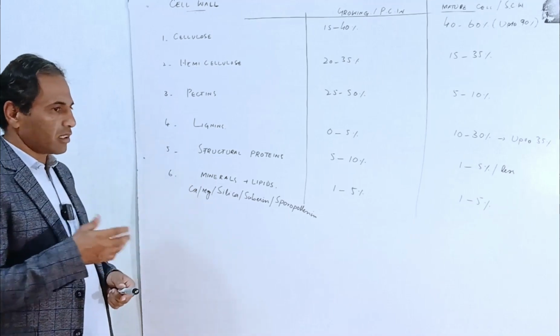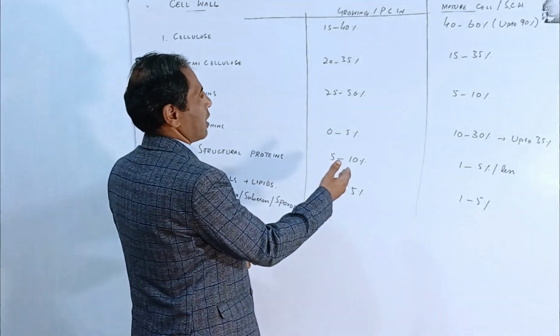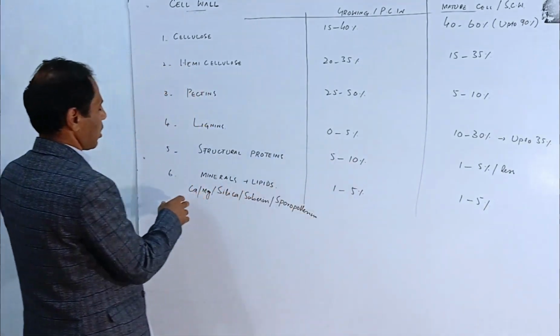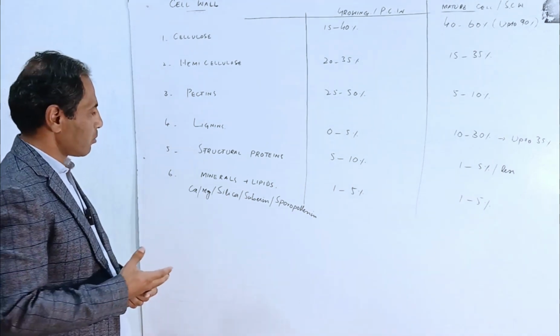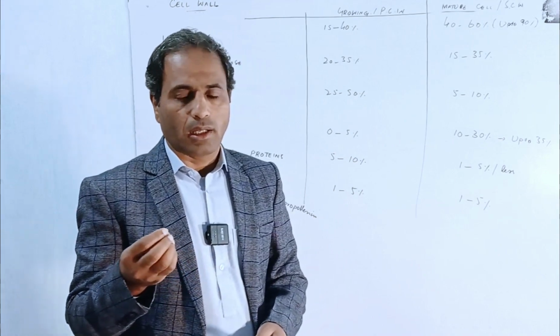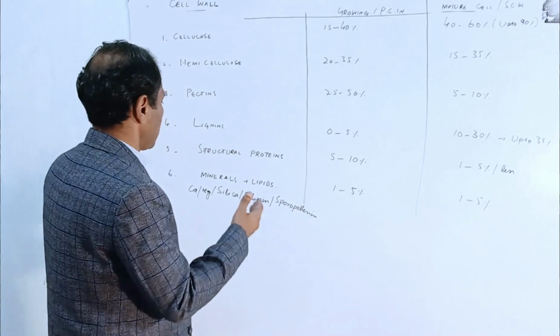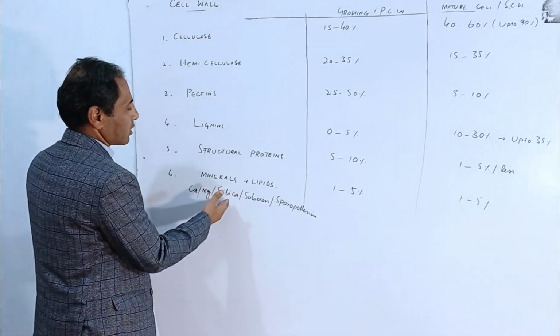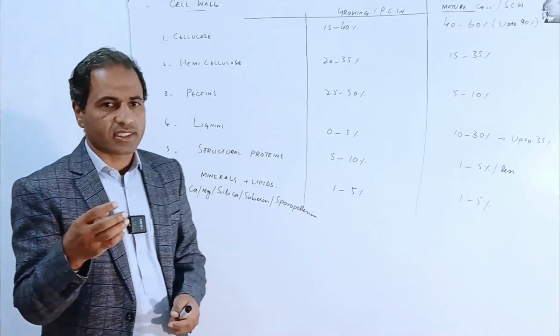Minerals and lipids are other different types of chemicals which can be found in the primary cell wall and secondary cell wall. We have calcium or magnesium carbonate, and silicate compounds. These are compounds which can be found in the plants of different families. For example, silica is very predominantly deposited in the grasses.